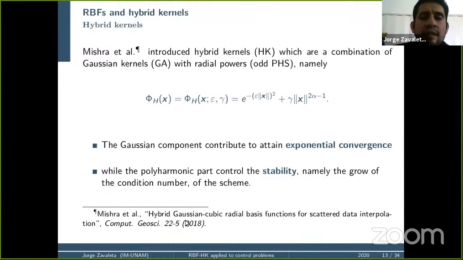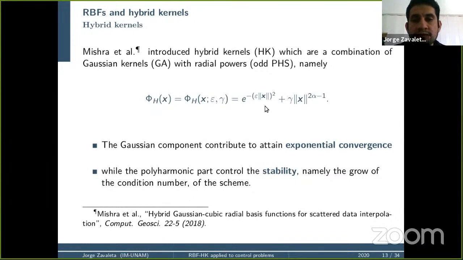Well, this is about the radial basis functions. I'm going to talk about hybrid kernels, a special radial basis function that we are going to use and that has some special properties. These kernels were introduced by Mishra, and they are the combination of Gaussian kernels with radial powers, which means all PHS.